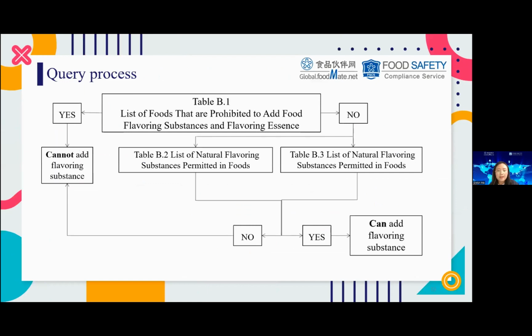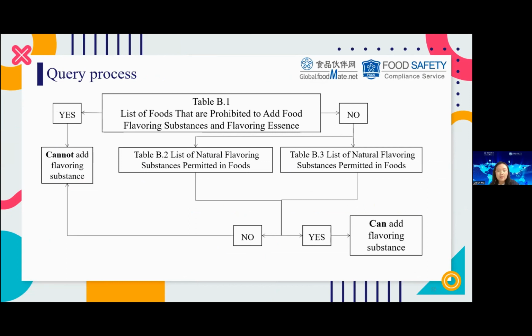Appendix B in the JB 2760 is focusing on the food flavoring substance and essences. Here also a flowchart. If you want to check whether the food flavoring substance can be added in food, the first step is to go to the table B1 to find whether the food is listed on it.